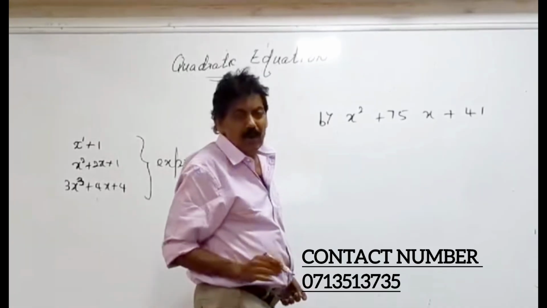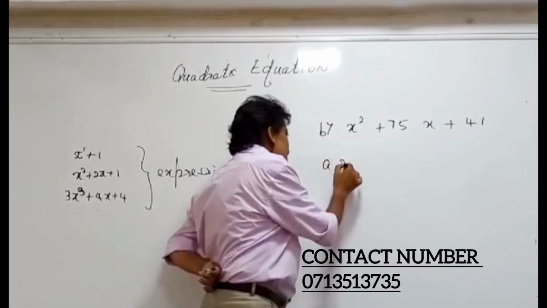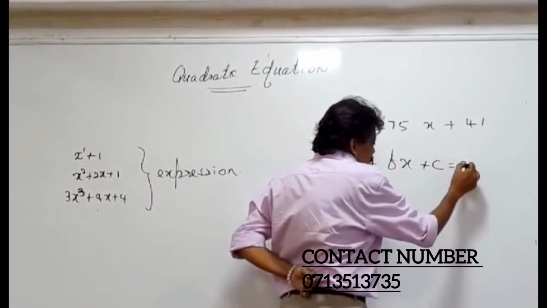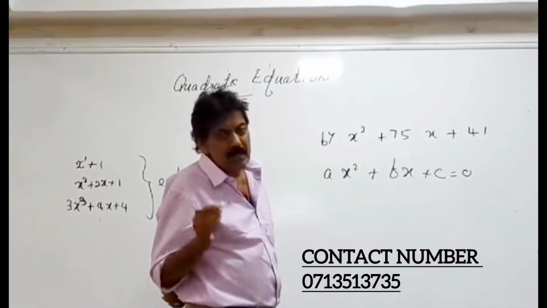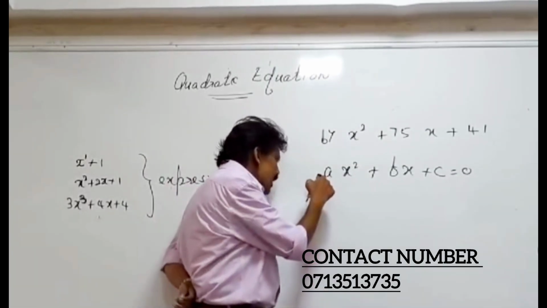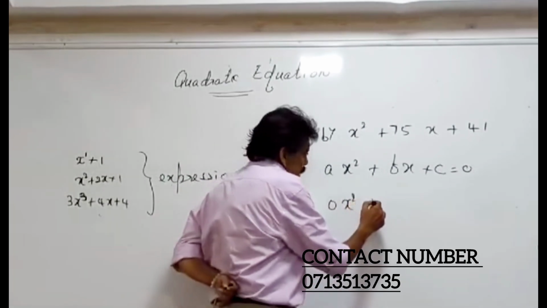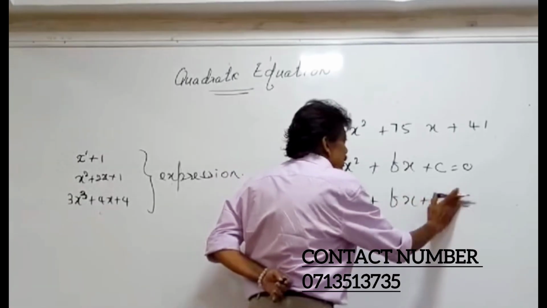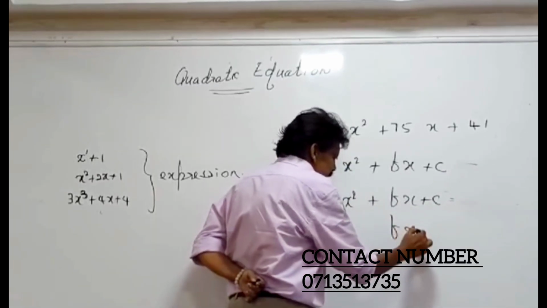Therefore, to denote a quadratic equation, what we do is we use English simple letters: ax square plus bx plus c is equal to 0. But when we denote a quadratic expression like this, if by chance this a becomes 0, it would be 0 times x square plus bx plus c, then 0 times x square goes off, leaving bx plus c.